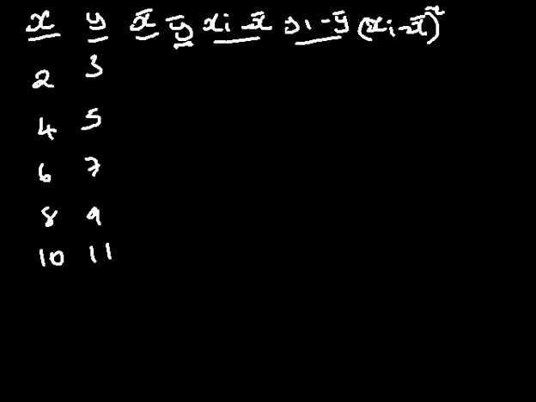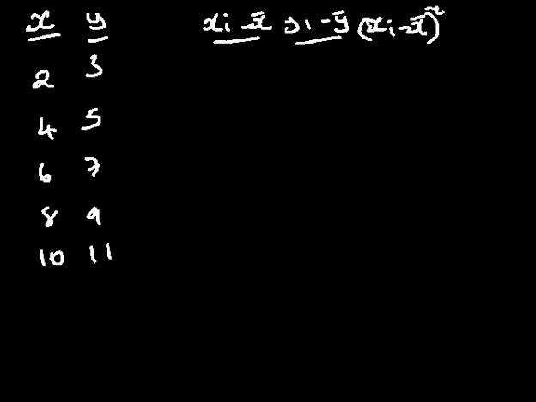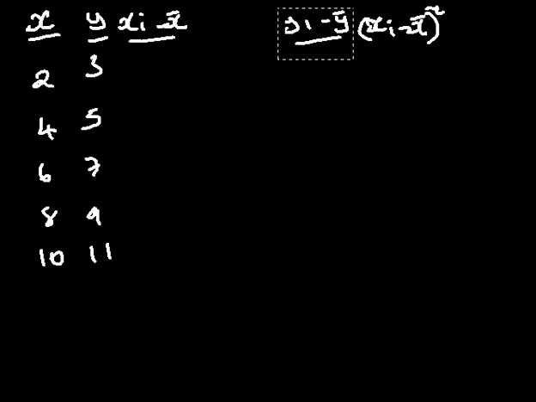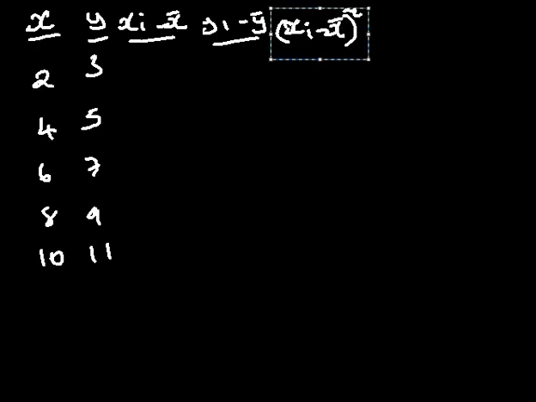Let me eliminate the column for means, otherwise we need enough space for this. We should have another column for yi minus y bar squared, somewhere like that.